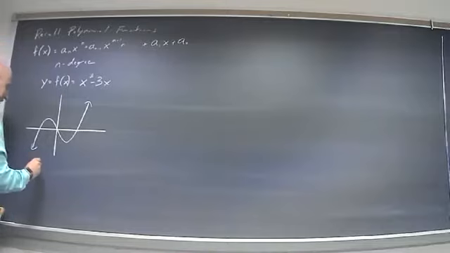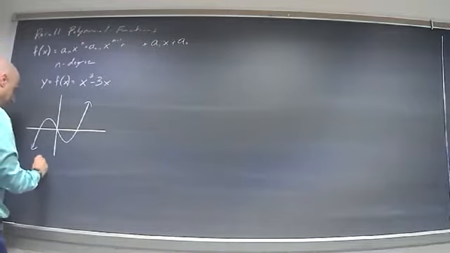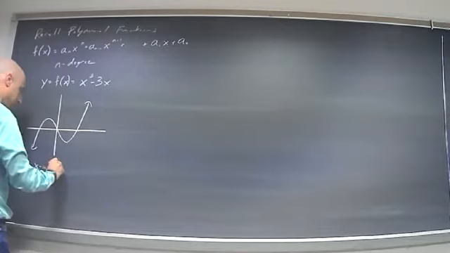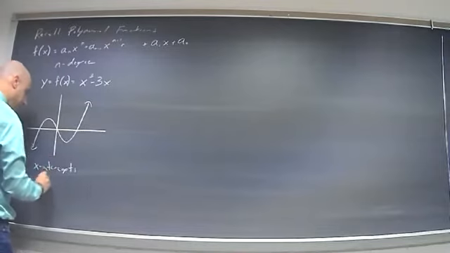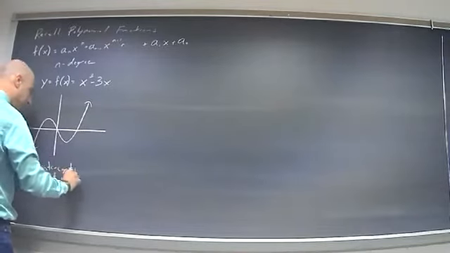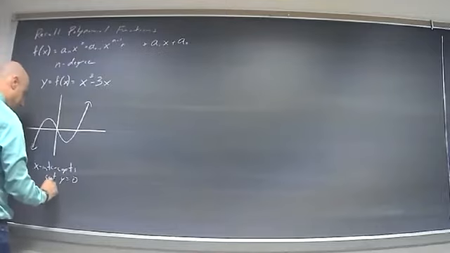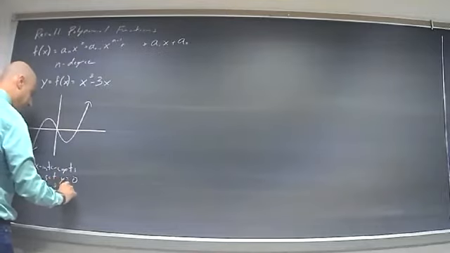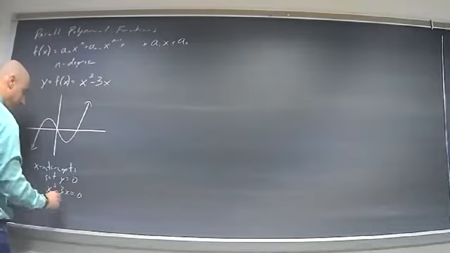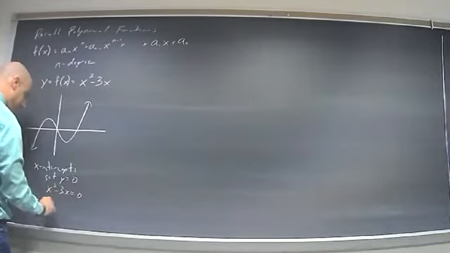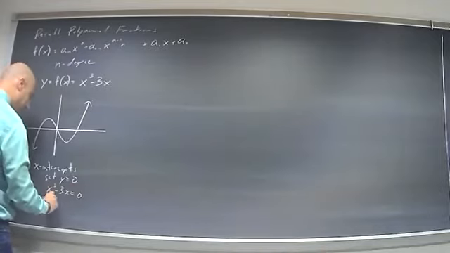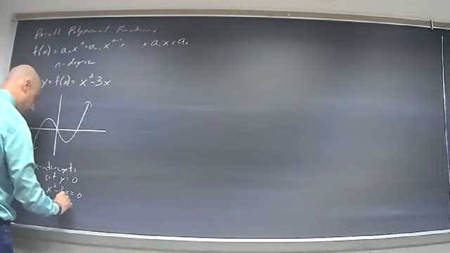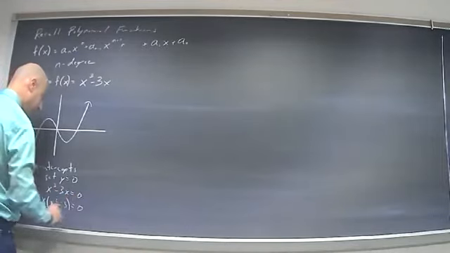If I want to figure out its x-intercepts, we set y equal to 0. So we have x cubed minus 3x is equal to 0. We could factor that. x factors out. We're left with x squared minus 3.